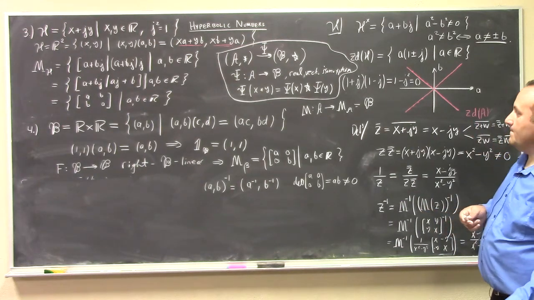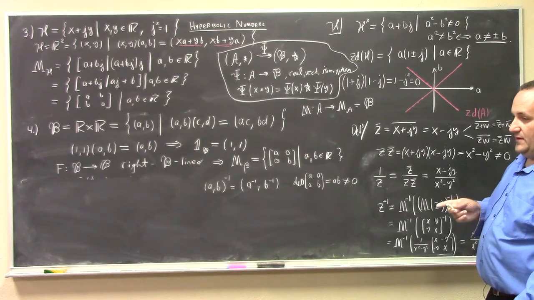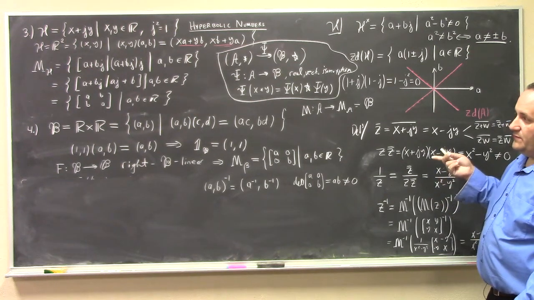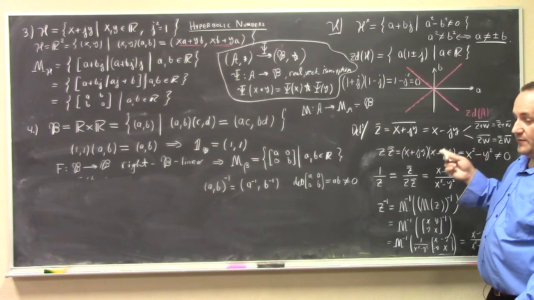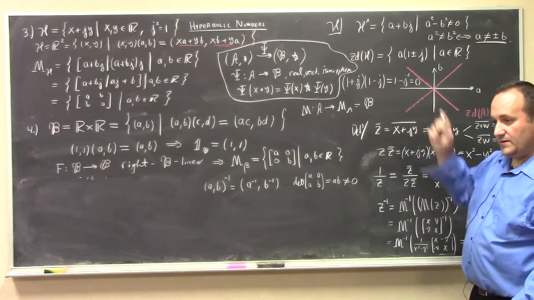All right? So, something interesting: you can prove that the direct product algebra is isomorphic to the hyperbolic numbers.